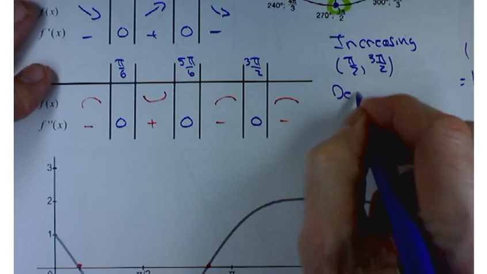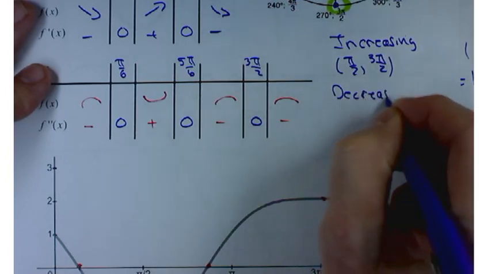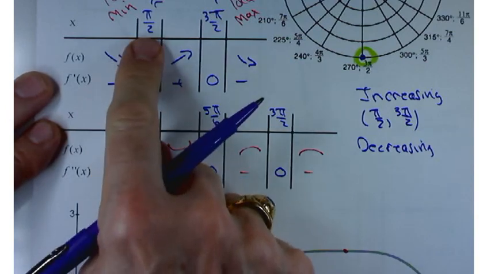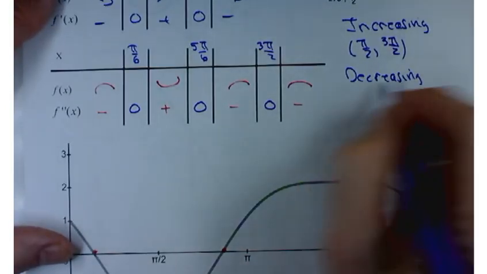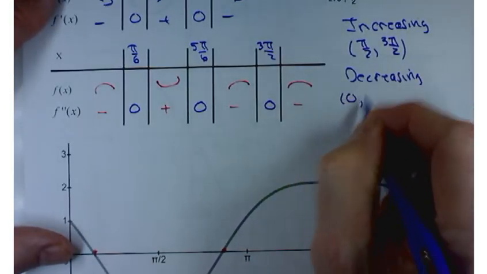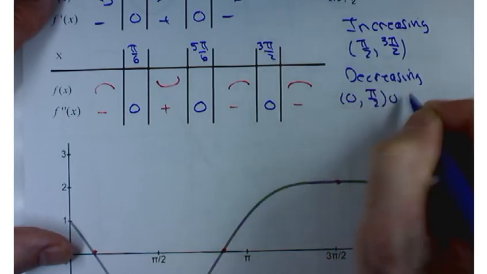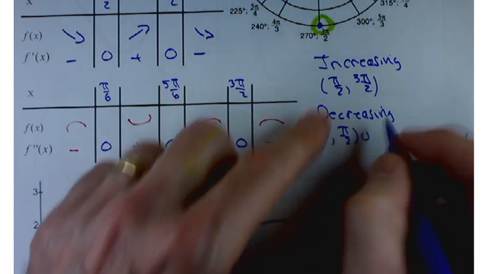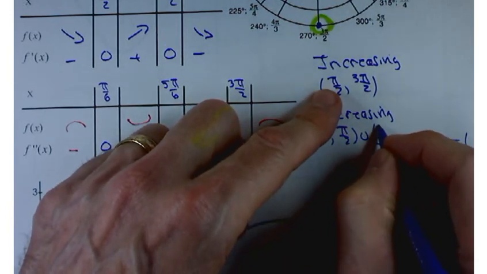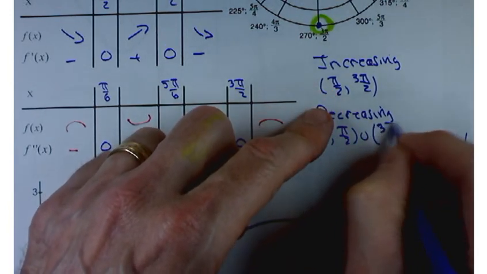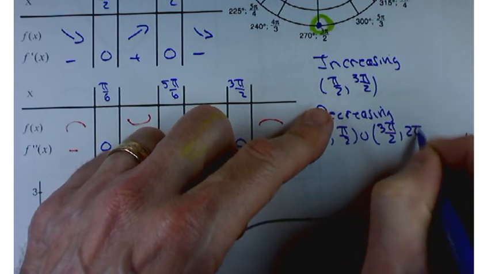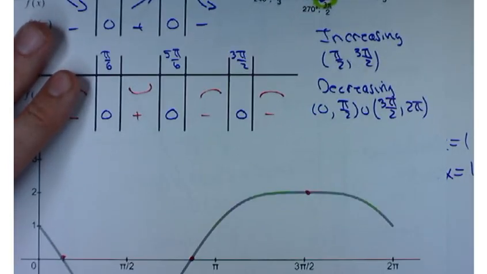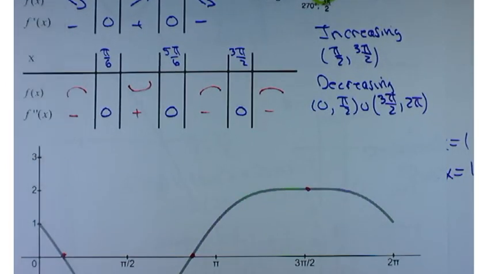And it's decreasing, well, from 0 to pi over 2, union 3 pi over 2 to 2 pi. That's where it's decreasing.